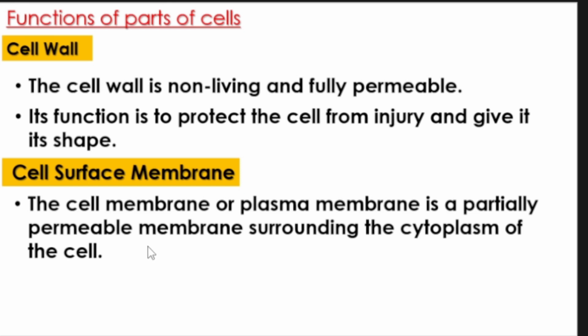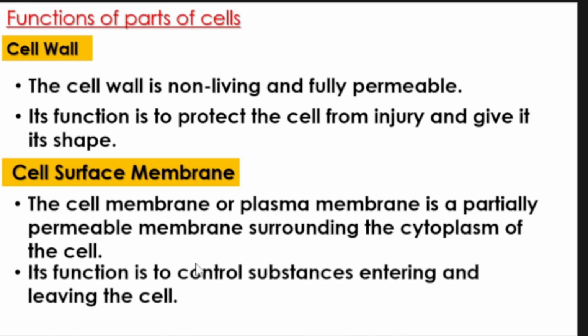It allows some substances to pass through it, while it stops other substances from passing through it. And it is that membrane which surrounds the cytoplasm of the cell, and its function is to control substances entering and also leaving the cell. That is its function, to control substances entering and leaving the cell.